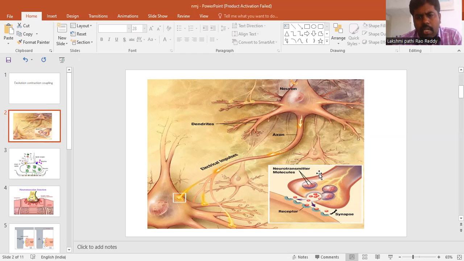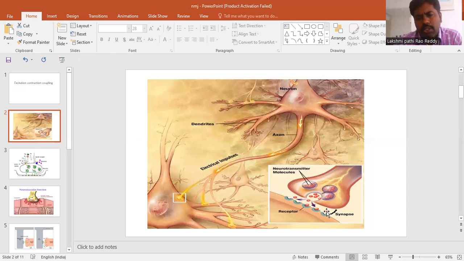So we can see in the diagram these neurotransmitters, which are stored in the vesicles in the nerve terminal. The gap between the nerve fiber and the muscle fiber we call the synaptic cleft.